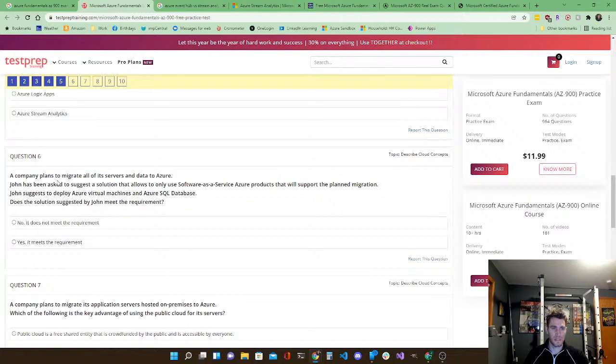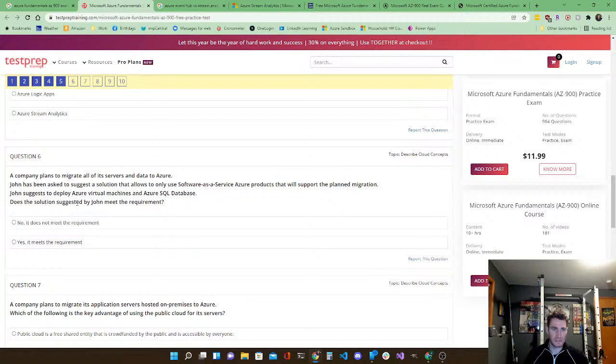A company plans to migrate all of its servers and data to Azure. John has been asked to suggest a solution that allows it to only use software as a service, aka SaaS, Azure products that will support the planned migration. John suggests to deploy Azure Virtual Machines and Azure SQL Database.